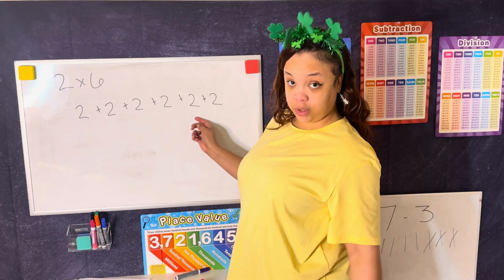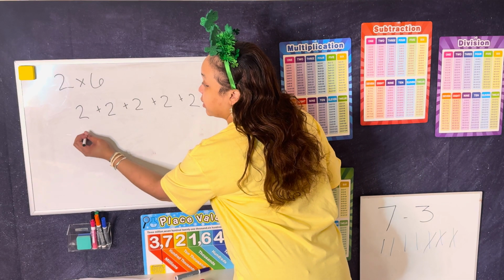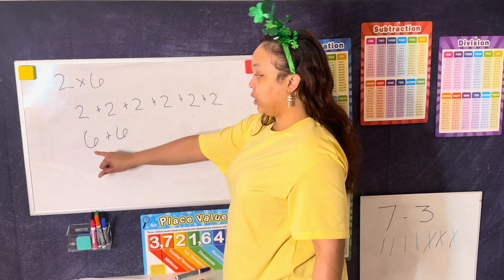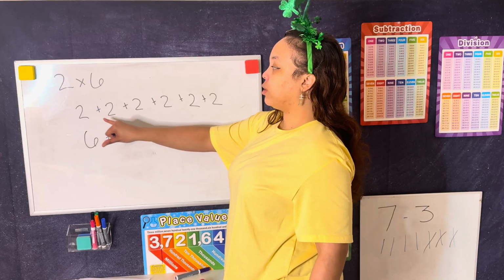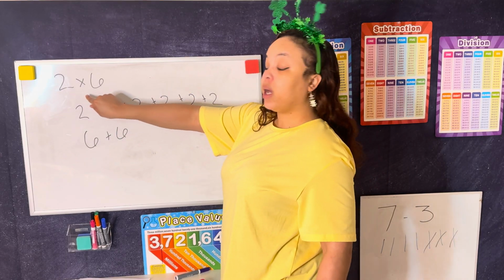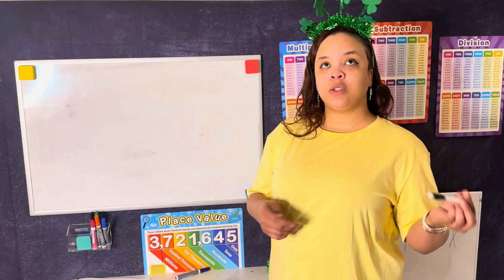Or if this is too much for you, 6 plus 6. 6 plus 6, 12. 2 plus 2 plus 2 plus 2 plus 2 plus 2, 12. 2 times 6, 12.